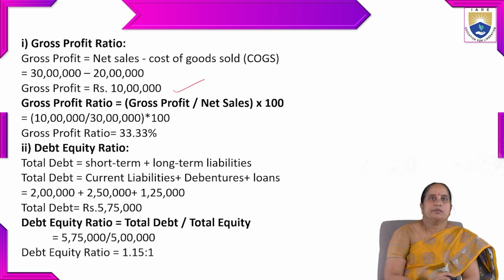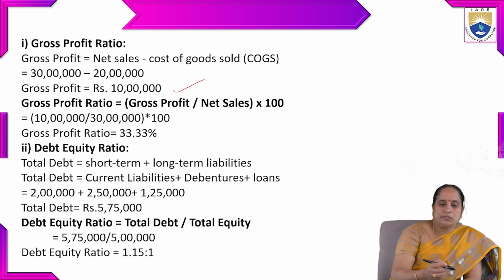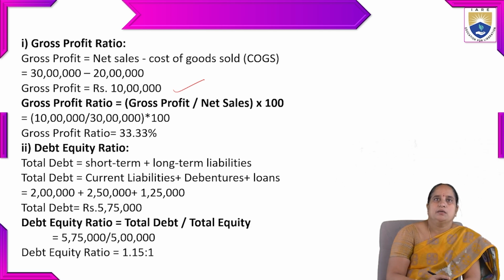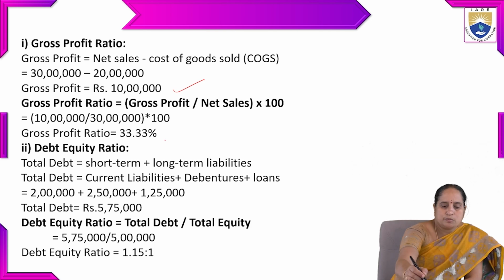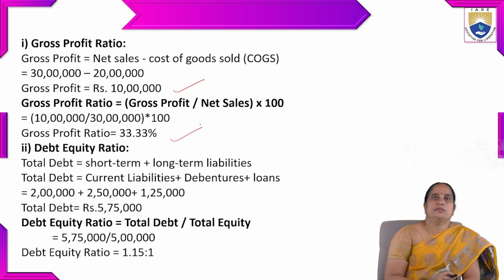Then gross profit ratio is calculated by the formula gross profit divided by net sales into 100. So gross profit 10 lakhs divided by net sales 30 lakhs into 100. So the gross profit ratio is 33.33%. The next, we have to compute debt equity ratio.